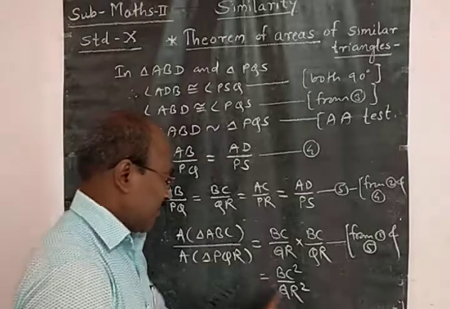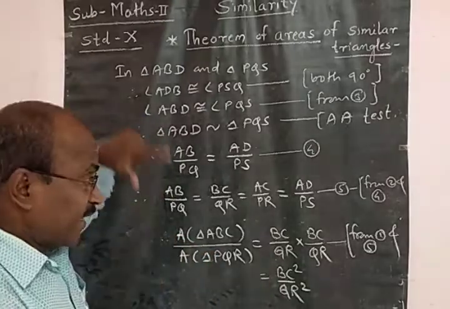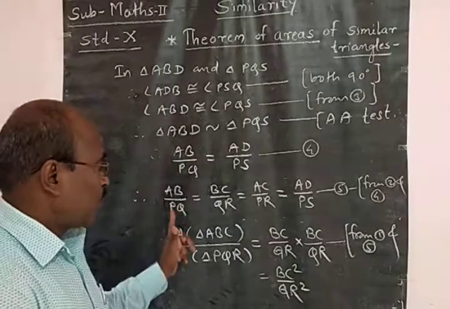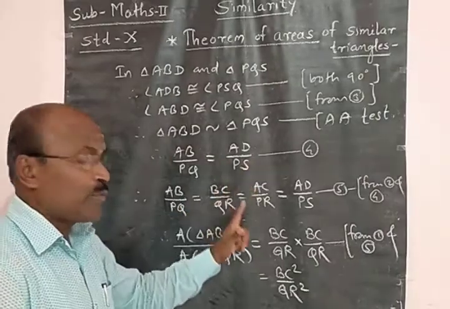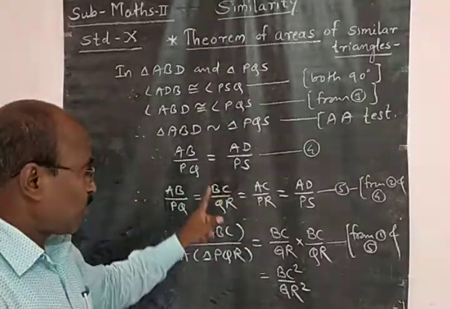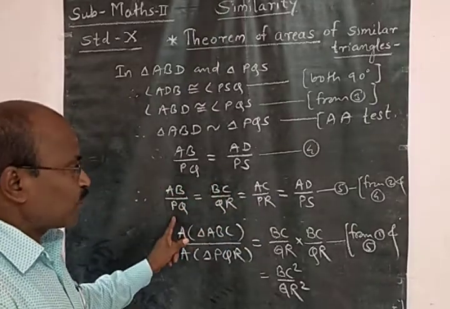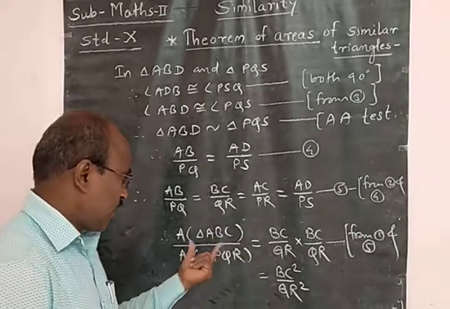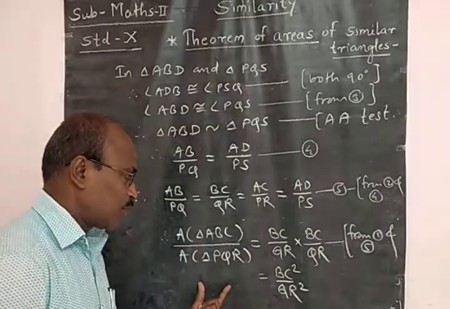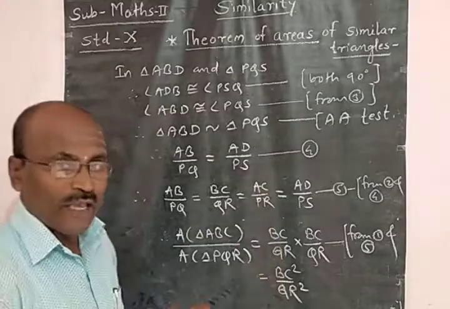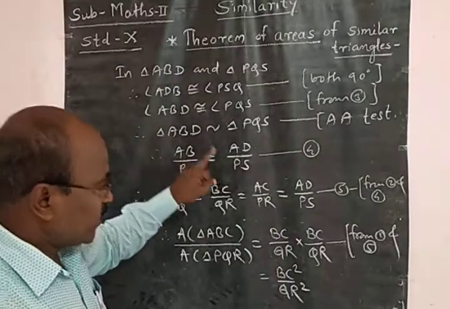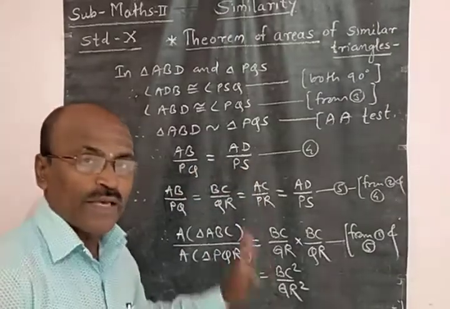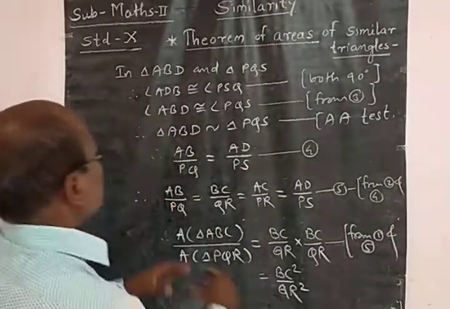We will get that. Then again in the second statement, what have I written? AB upon PQ is equal to BC upon QR is equal to AC upon PR. That means BC square upon QR square is equal to AB square upon PQ square is equal to AC square upon PR square. So you can write here area of triangle ABC upon area of triangle PQR is equal to AB square upon PQ square is equal to BC square upon QR square is equal to AC square upon PR square.